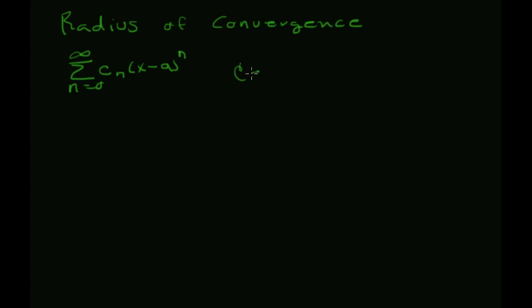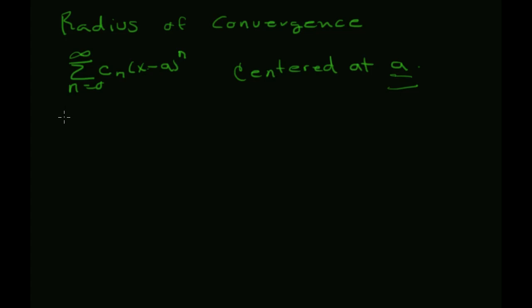And we said that this thing is centered at a. Now, one of the things that we know is that this series will always converge at a because this reduces to 0, which means it's just 0 plus 0 plus 0 plus 0, which means it converges to 0. So I want to know how far can I get from a and still converge.